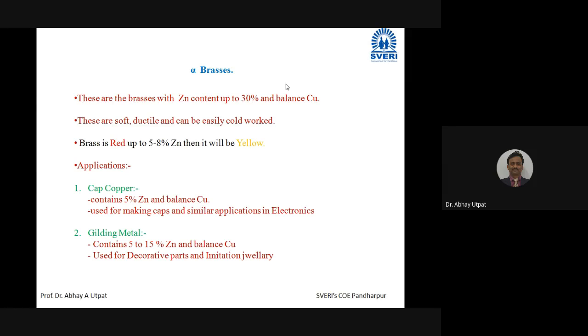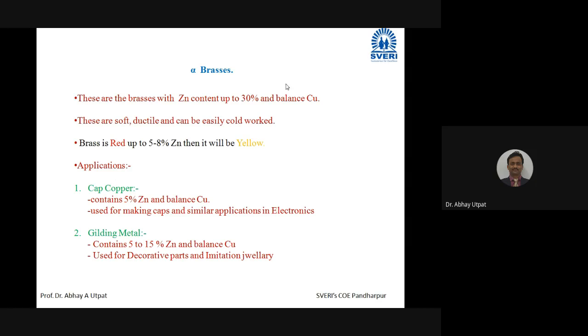Now don't be confused. Alpha is just a symbol used for single phase. If you use alpha in iron carbon system, that will be ferrite. Here there is no name, only alpha phase. Just to understand. Okay.